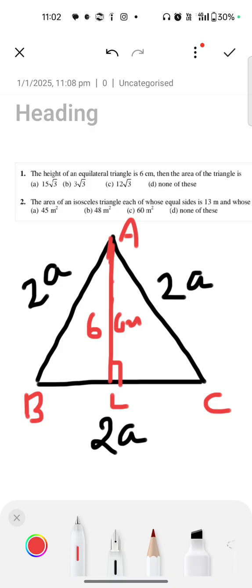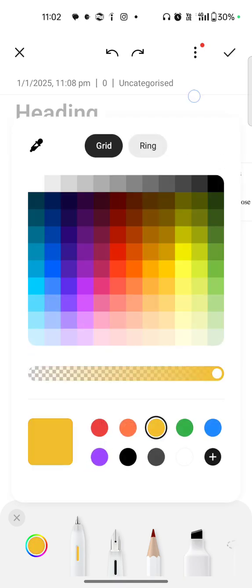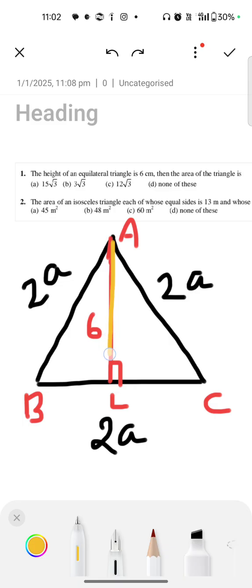Now we know that this is the altitude we see here, and L will be the midpoint.